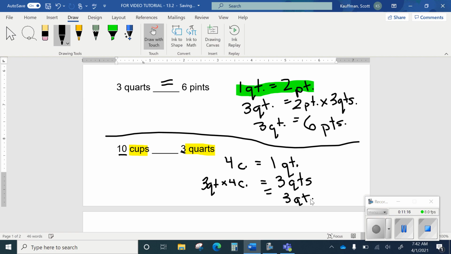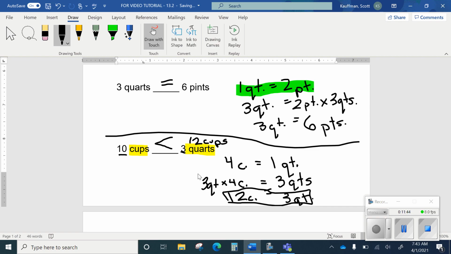And if I do that, I see that 3 quarts is the same as 12 cups. Okay, so if 3 quarts is 12 cups, then how does 12 cups and 10 cups relate to one another? Well, I know that 10 cups is less than 12 cups. So 10 cups has to be less than 3 quarts.